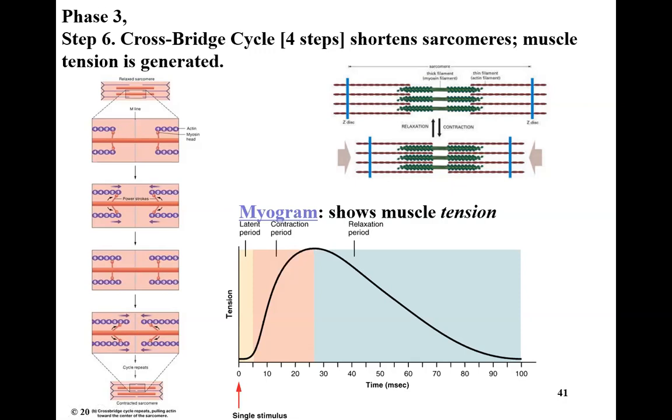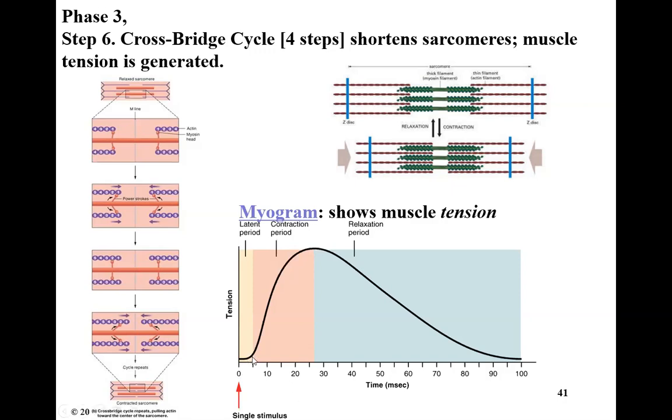We don't actually start shortening the muscle until the cross bridge cycle is allowed to begin. So acetylcholine binding to receptors, graded potential, action potential goes down the T-tubules, opens up calcium channels, calcium floods out of the sarcoplasmic reticulum, binds to troponin, troponin removes tropomyosin, myosin binds to actin, and finally we have cross bridges and can start to generate tension.